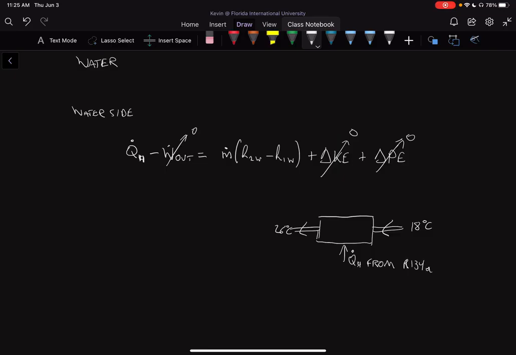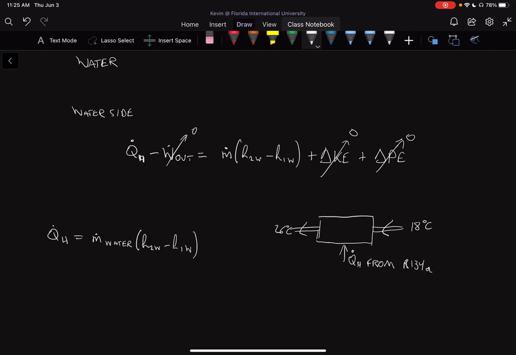And if you look back at your example problems with some heat exchanger, you should be able to figure out why that is the case. So we have that Q dot H is equal to mass flow of water times H2 of water minus H1 of water. So we are left with this simple equation.